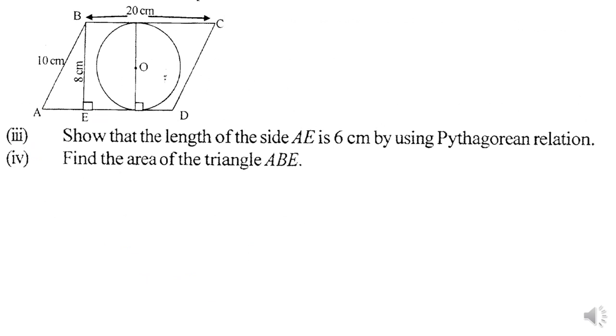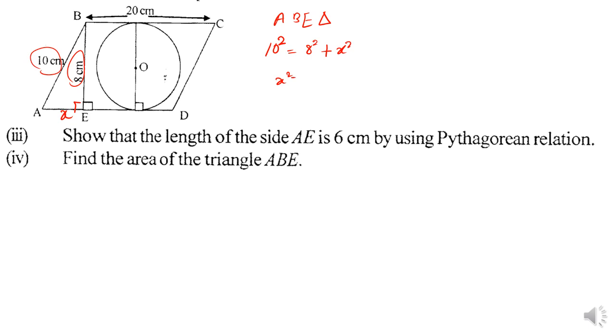Now show that the length of the side AE is 6 centimeters by using the Pythagorean relation. You see this is 10, this is 8, so you can write this as x. ABE is a right-angled triangle, so you can apply the Pythagorean relation. 10 squared is equal to 8 squared plus x squared.